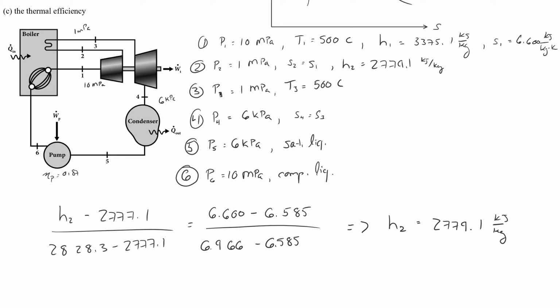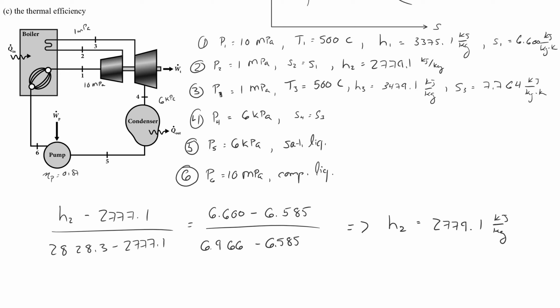So I'm just going to go to the 500 degree C row in the 1 megapascal block of my superheated steam table and pull out my entropy and enthalpy. Okay, so now armed with S3, I know S3 and S4 are the same.